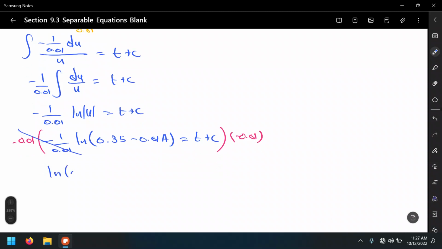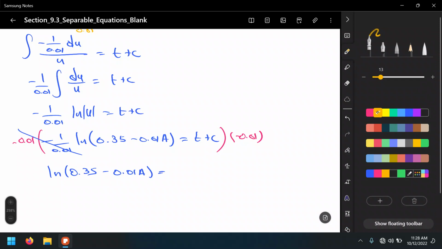That's ln of 0.35 minus 0.01A equals, if we distribute the negative 0.01 over the t, that's going to give us negative 0.01 t. However, what happens when we distribute the negative 0.01 with the c? It's just another constant, right?